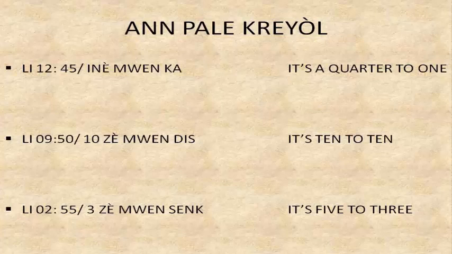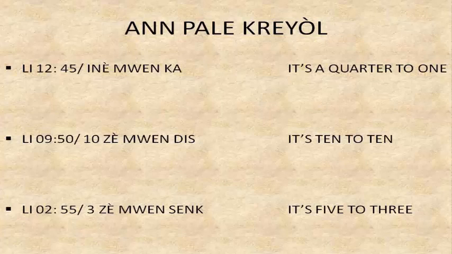Okay? So we have li 10h55, meaning we're missing 5 minutes to 11 o'clock. So, li 11h moins 5. So every time you guys see, when it's missing a few minutes to a time, we use moins.